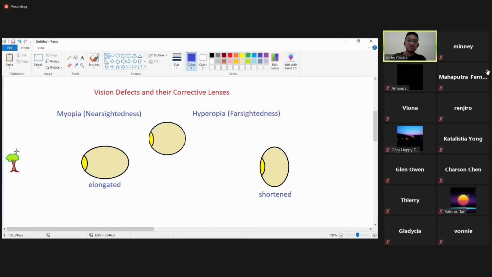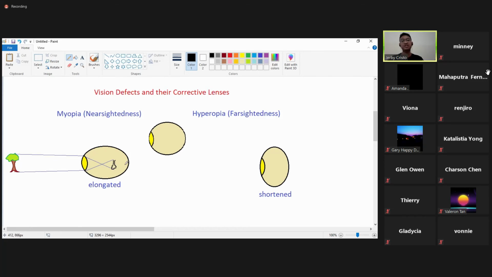We expect the image to be refracted like this. When the light from the object is reflected and enters the eye, the lens will refract the light, and the image will appear here. By the way, the image formed is inverted.